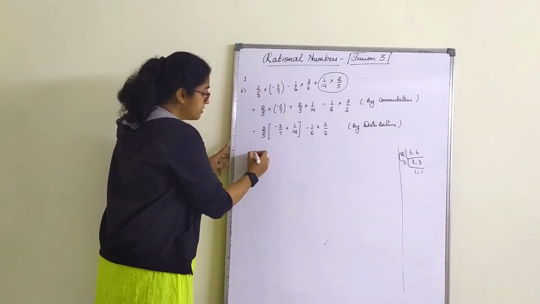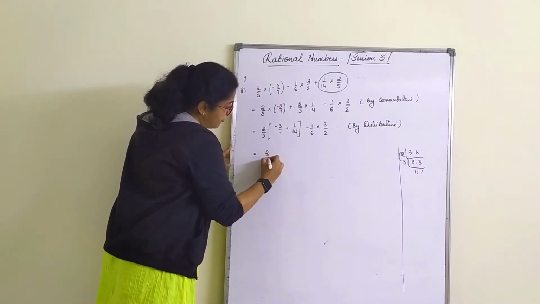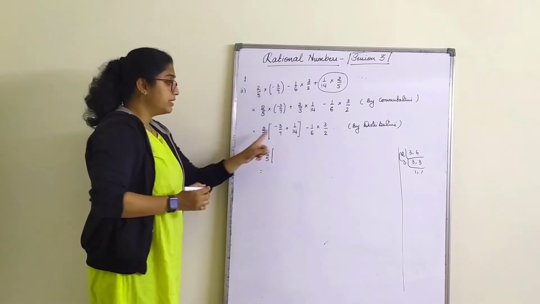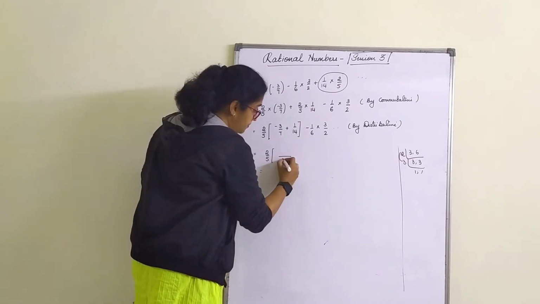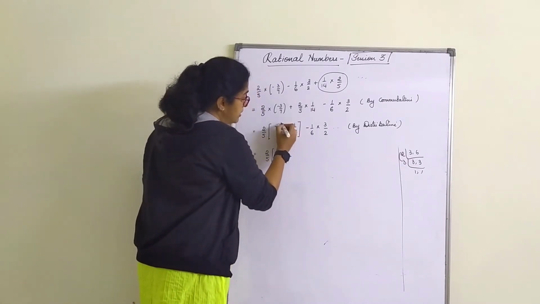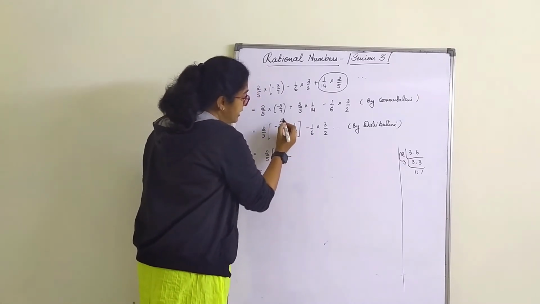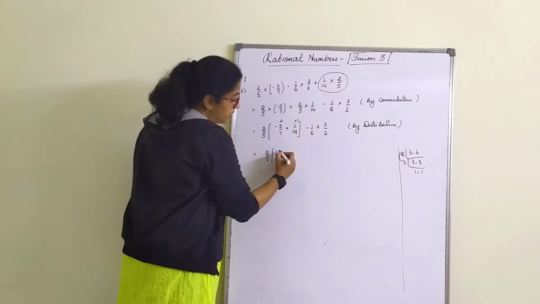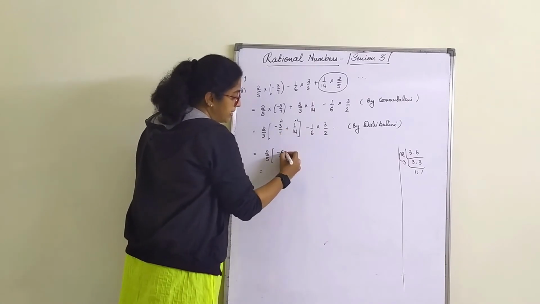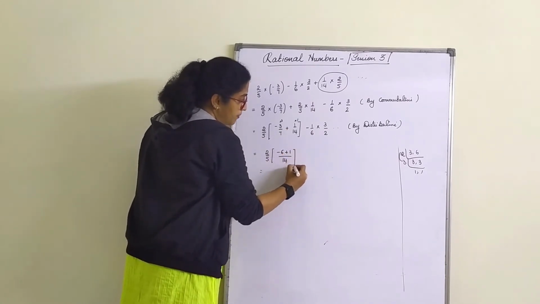Okay, now you know the rest, the simplest part. 2 by 5, now see here. LCM of 7 and 14 is 14. I'll write 14 here. So 7 2s are 14, into 2, so into 1. Minus 3 into 2, 3 2s are 6, minus sign, plus 1.